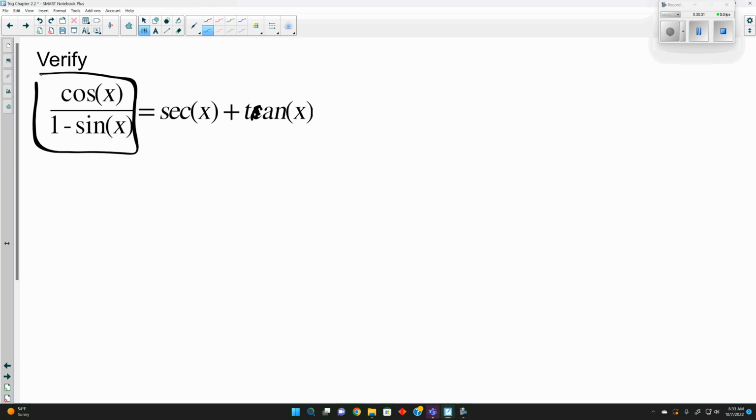Secant of x is 1 over cosine of x. Tangent of x is sine of x over cosine of x.